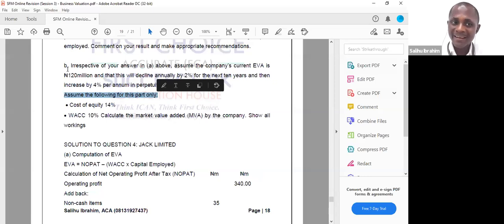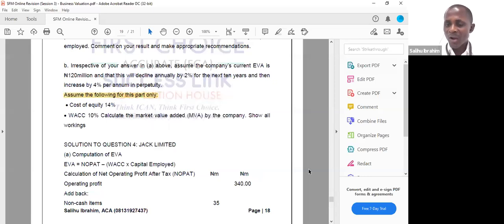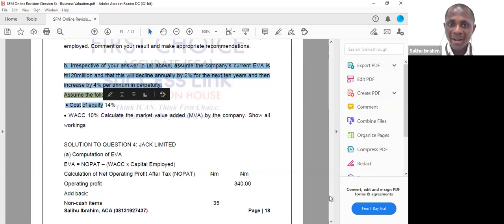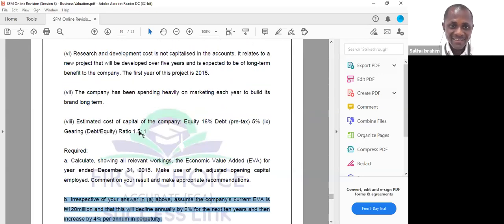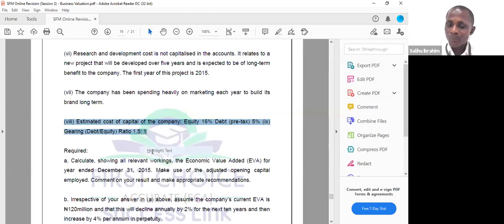Which part? For part B. You have been given the basis to compute your work for requirement A. This is how to compute your work. If you are applying information for B to A, you are not doing the right thing. Please read the question and avoid all these little mistakes.